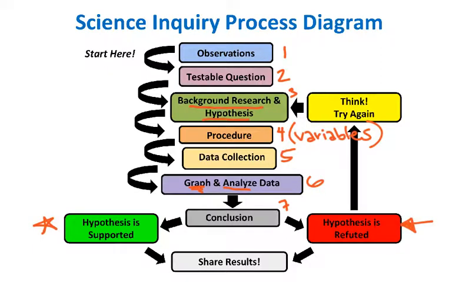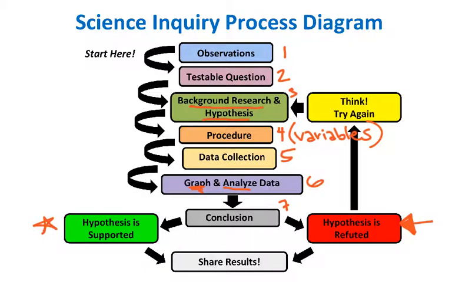Sometimes the scientist will have to say, well, based on the data, actually the evidence makes it seem like my prediction is probably wrong. My hypothesis was refuted. It's okay if your hypothesis is refuted. We learn something from that. So it doesn't matter whether your hypothesis is supported or refuted. You always learn something from testing your hypothesis and collecting data, even if your hypothesis was wrong, okay?